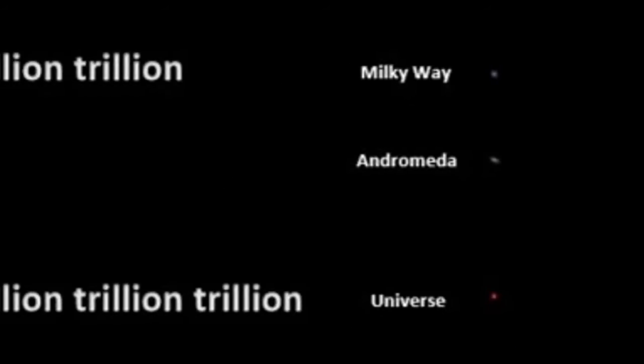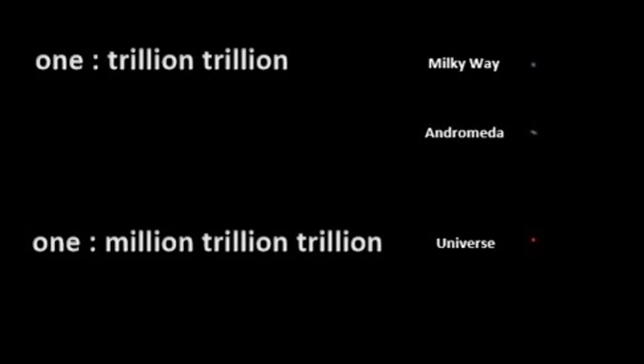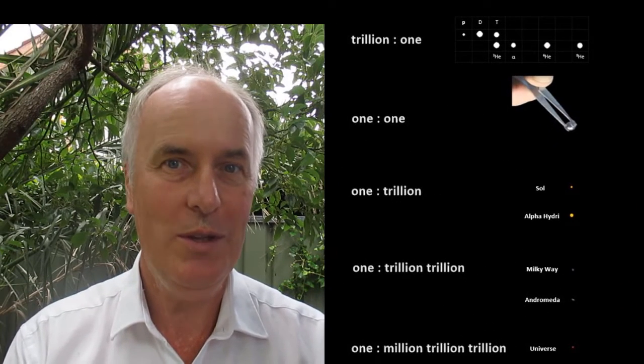And then you can't go a trillion, it's actually a million trillion, that gives you the size of the universe, that little red dot there. And there are different physics things, so there's no outside the universe, for instance, so there's lots of things to go.